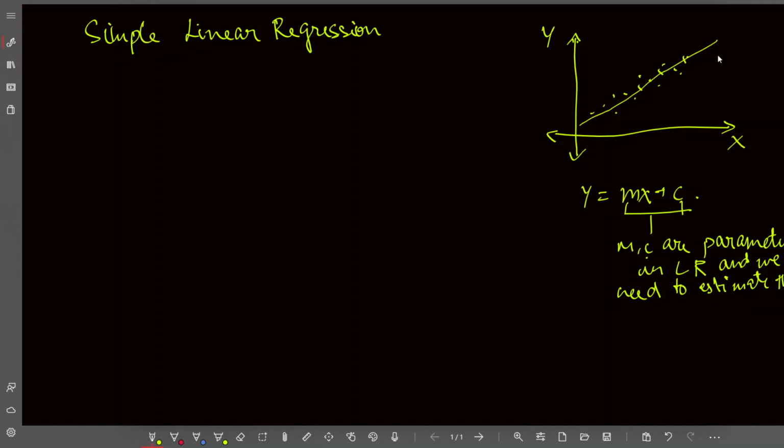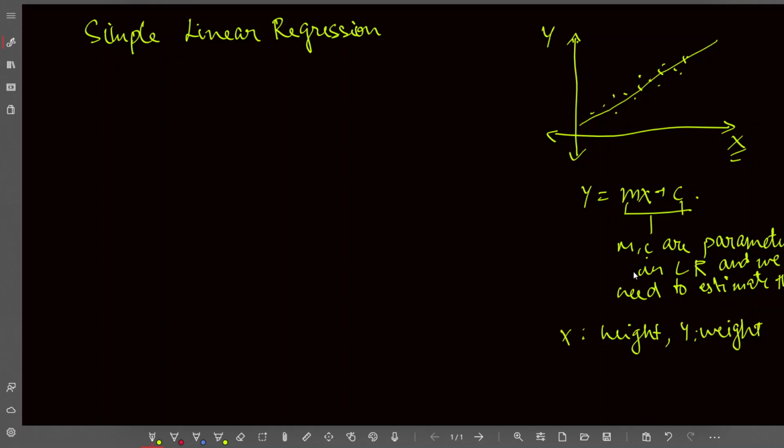Simple linear regression helps find the existence of an association relationship between the dependent and the independent variable. It implies that there is only one independent variable in the model, which is x. You don't have multiple features, you have only one feature, x. I'll give you just an example. x can be the height, and y can be the weight.